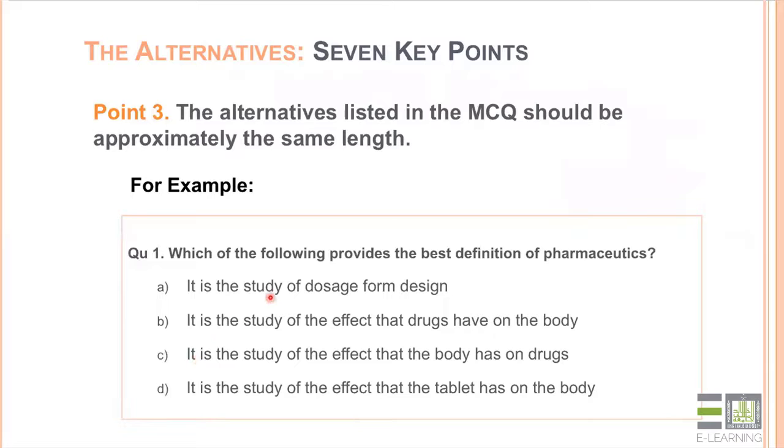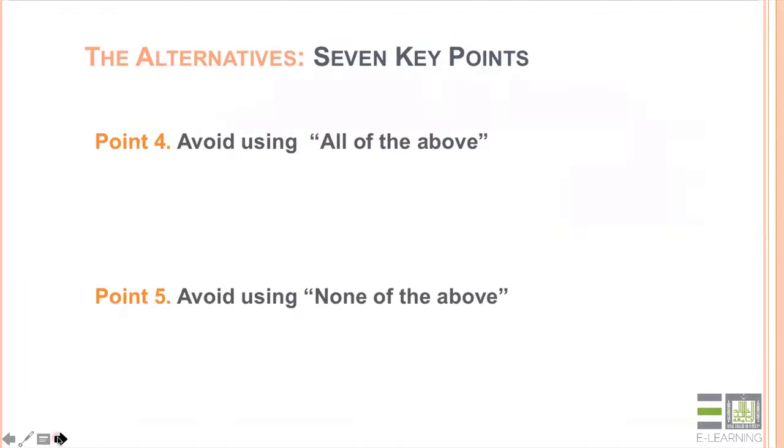Now, if I had an alternative that was quite short for the first one, quite long for the second one, then it would give a clue with regards to what possibly might be the correct or incorrect answer. So try and keep your list of alternatives similar length, if possible.